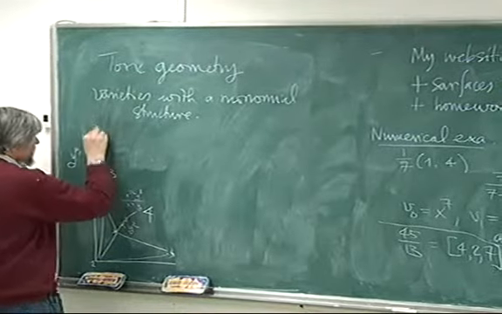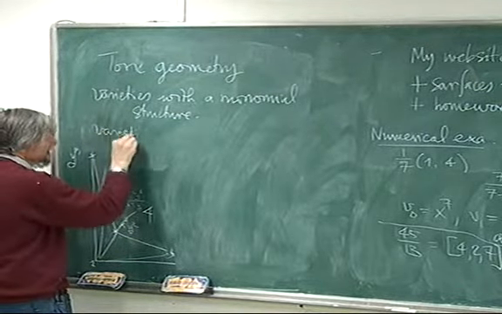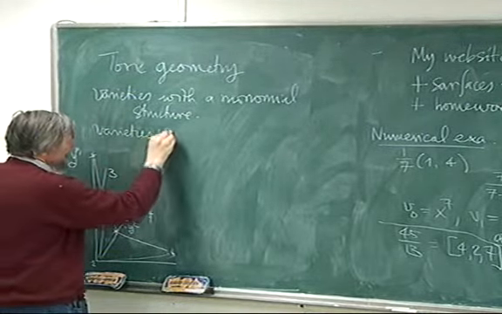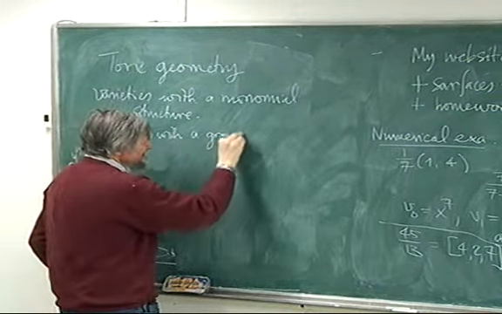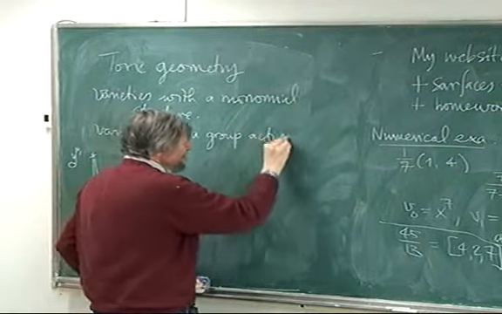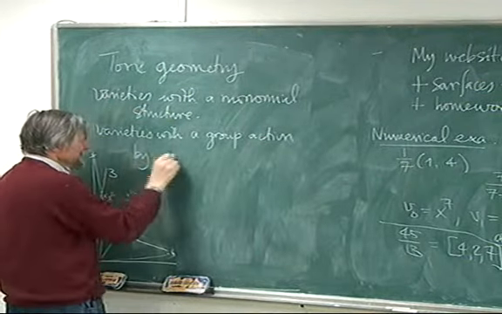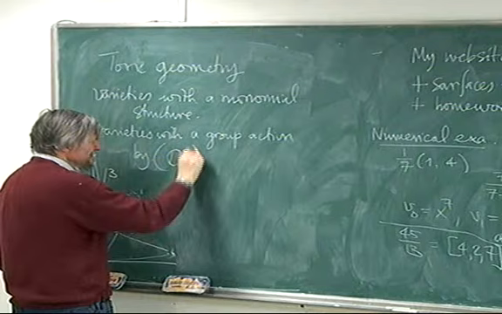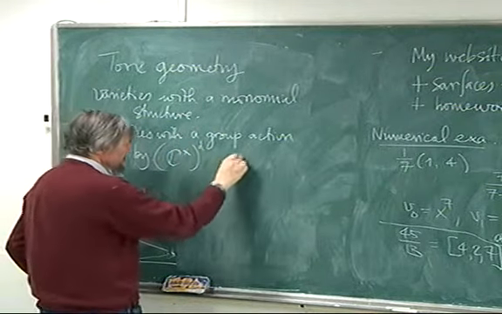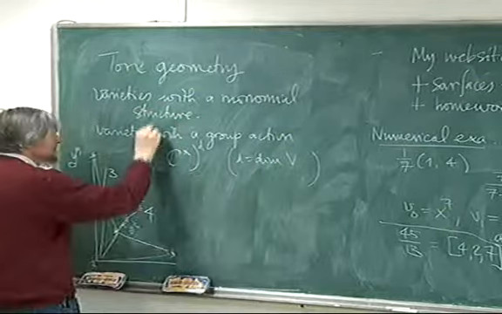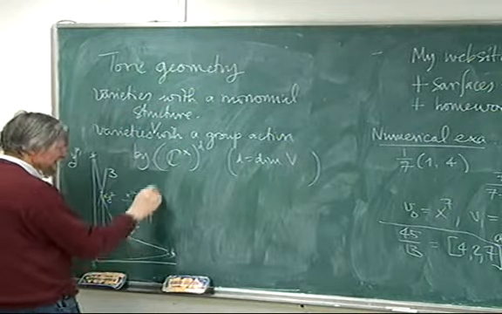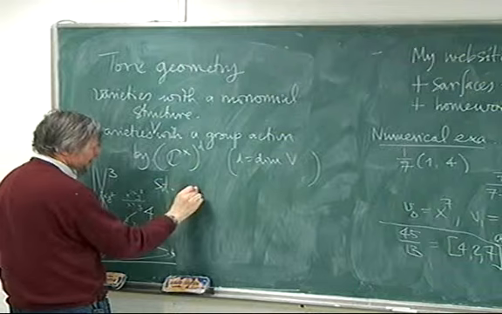There are also varieties with a group action by C star to the power of D, where D equals the dimension of V, such that there's an open orbit.